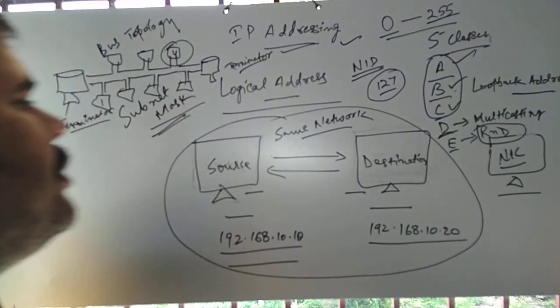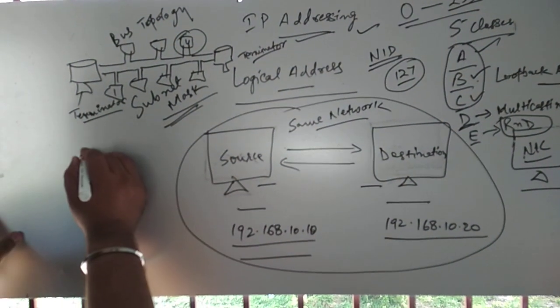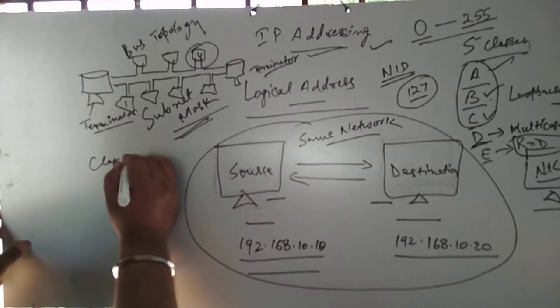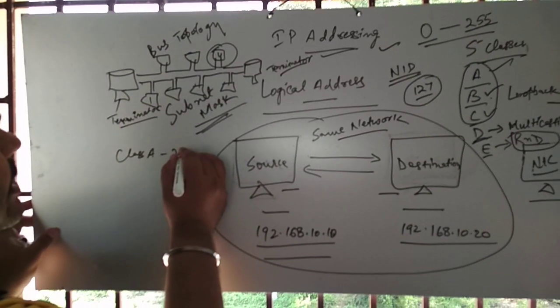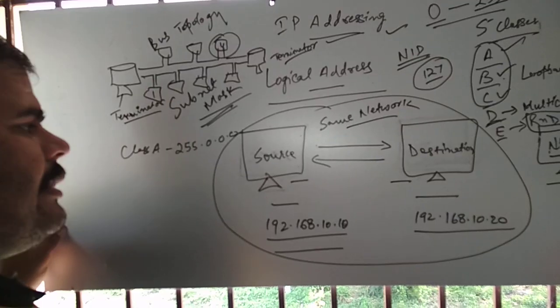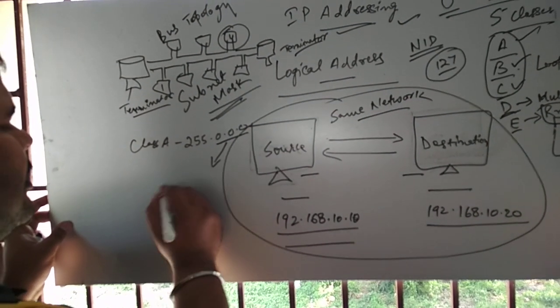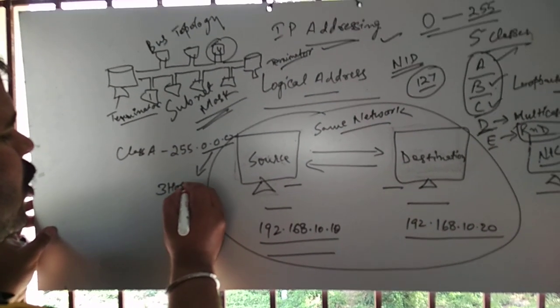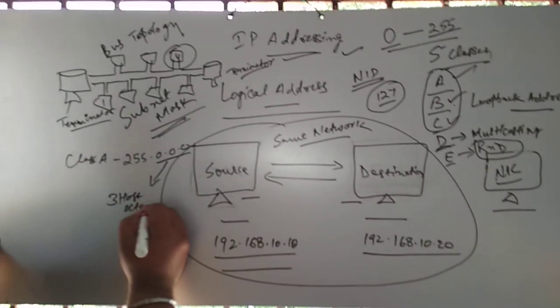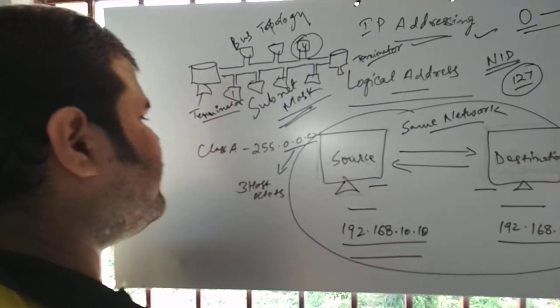Suppose for class A, we have the subnet mask 255.0.0.0. That means over here we have 3 host octets.